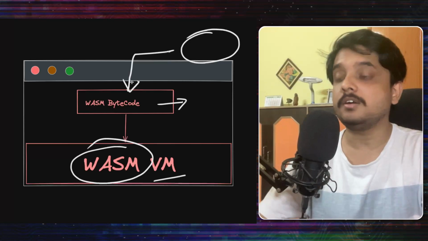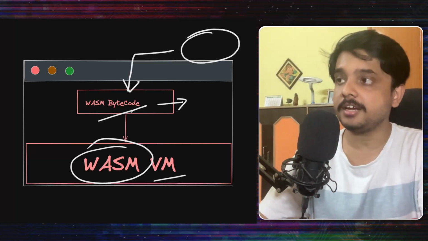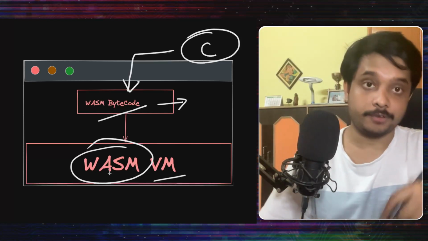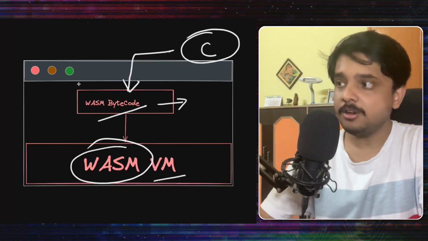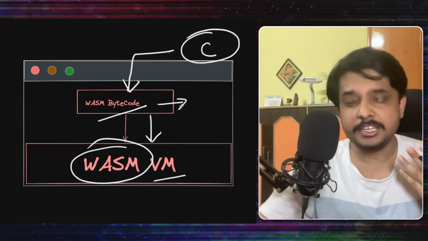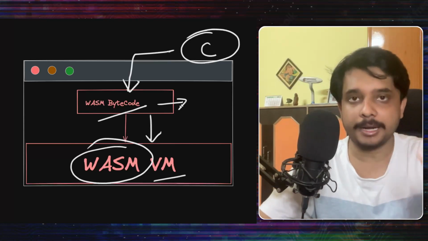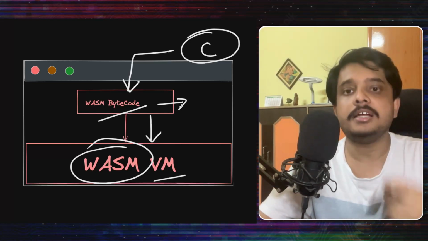What you are doing is converting it to a WebAssembly-specific set of instructions, right? So now there is a virtual machine inside the browser which will be able to run this bytecode. Now WebAssembly can give you generally better performance because of one fact: it is a compiled language, and compiled languages are generally faster.